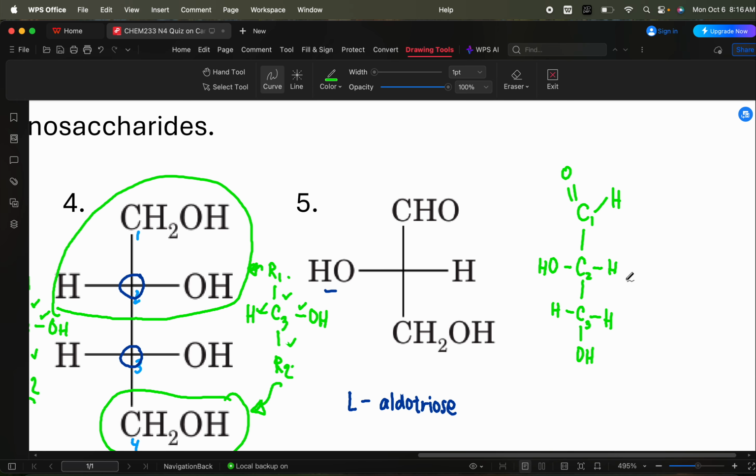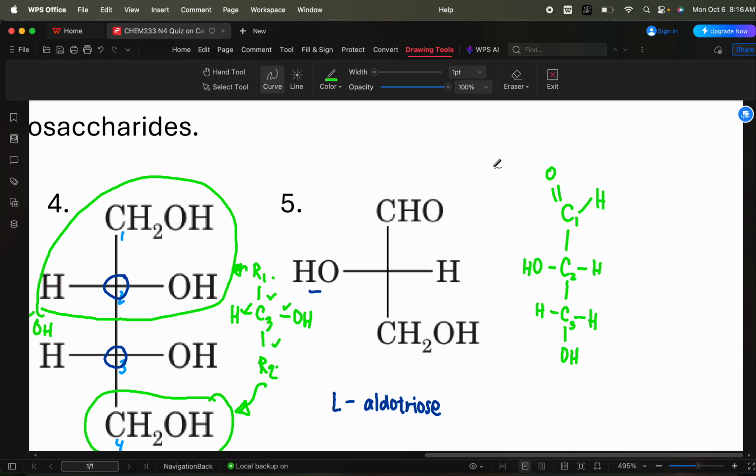If we look at each of the carbons, for number 1, obviously you have a double bond, so it's not a stereocenter.